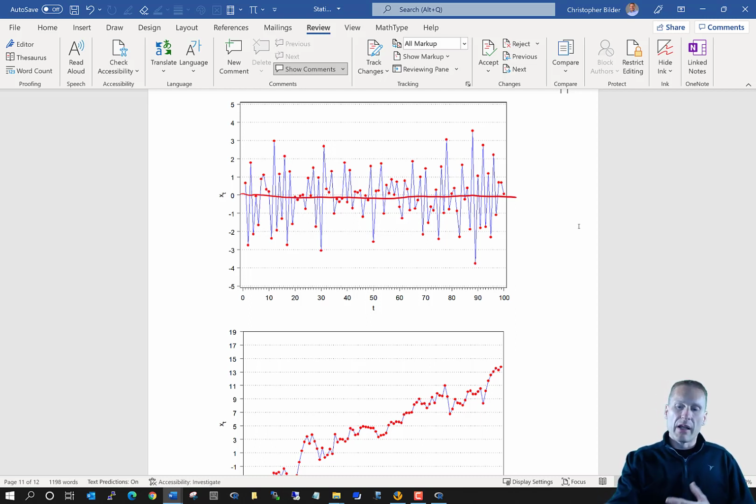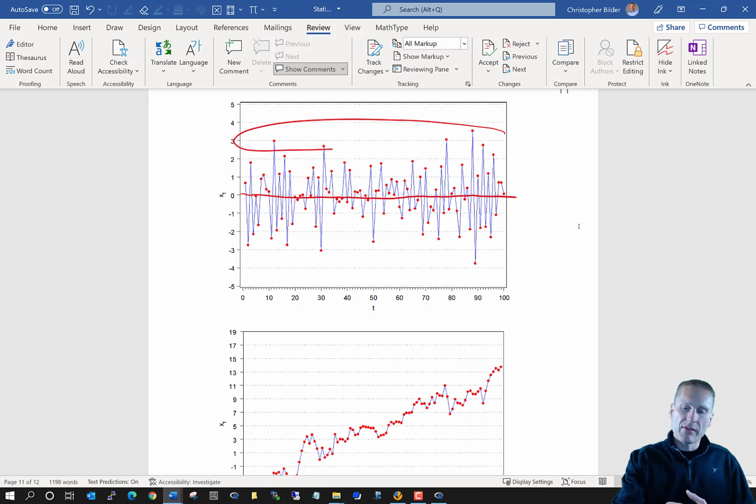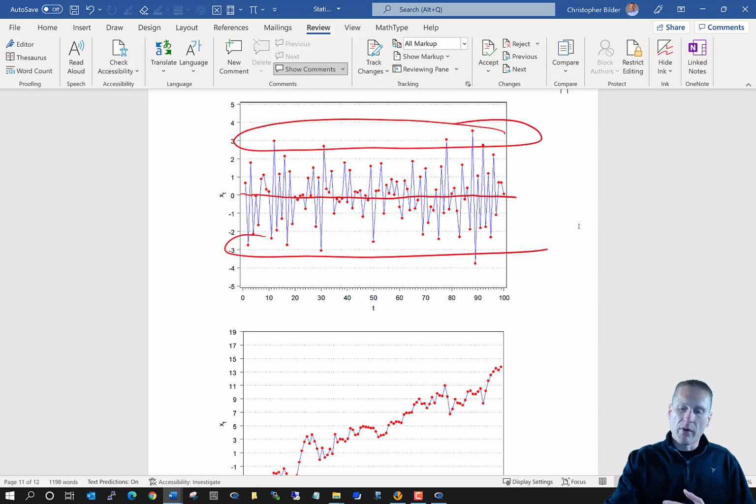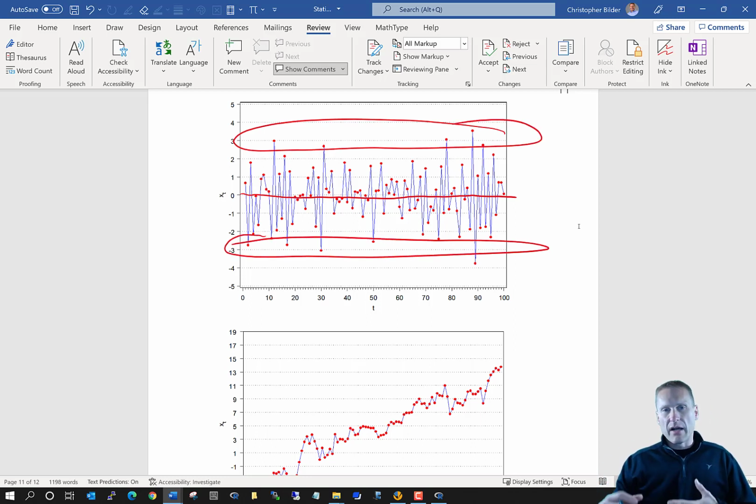I'm basing that upon where I see these top points and these bottom points tend to all be around about the same area. And so, at least with respect to the variance and the mean, it looks like we have the conditions needed for weakly stationary.